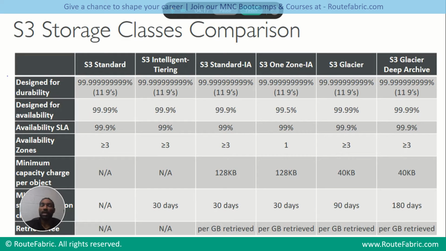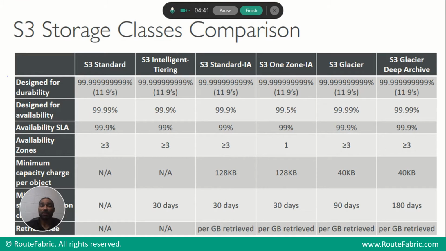So you can just imagine if your industry requires you to keep data for a year or 7 years or 10 years or something like that. It's a very low fee to keep your data in S3 Glacier Deep Archive. So those are the storage classes in different tiers.